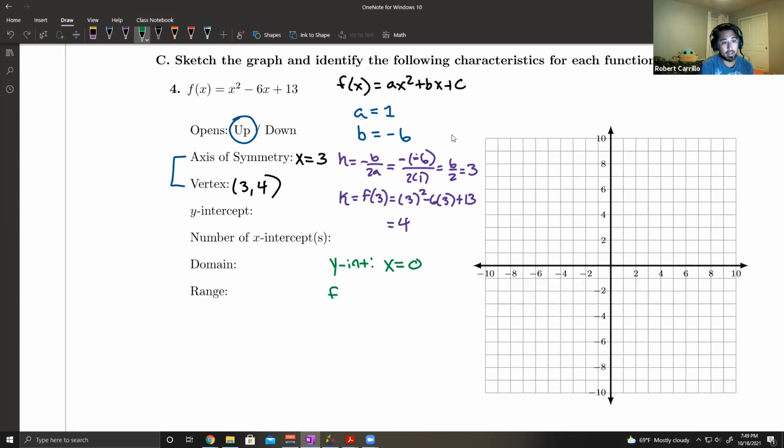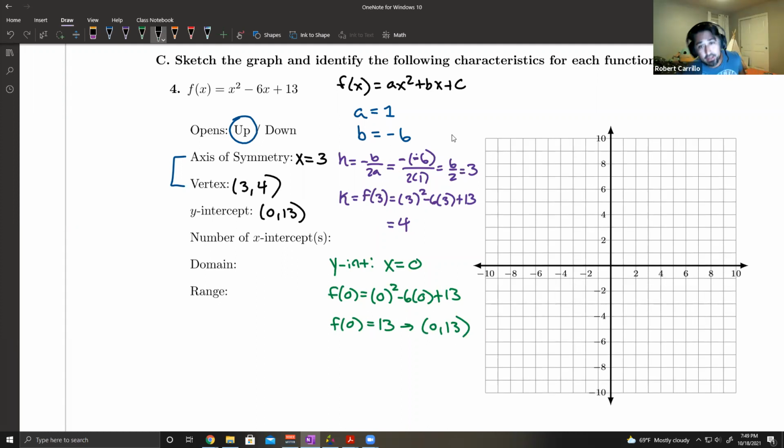So f of 0 equals 0 squared minus 6 times 0 plus 13, which is 0 minus 0 plus 13. So f of 0 is equal to 13. And there's our Y-intercept at 0, 13.